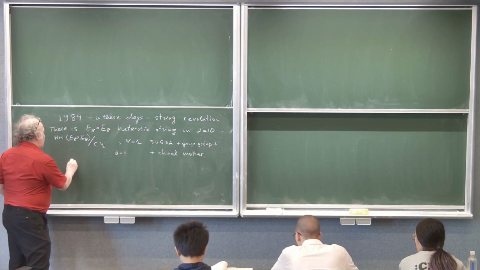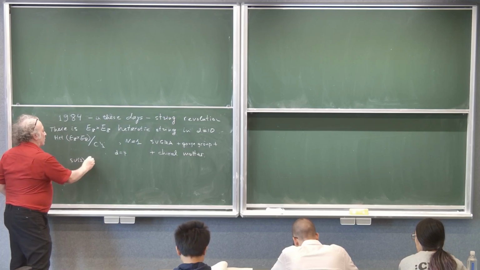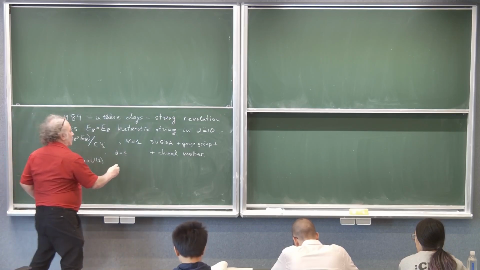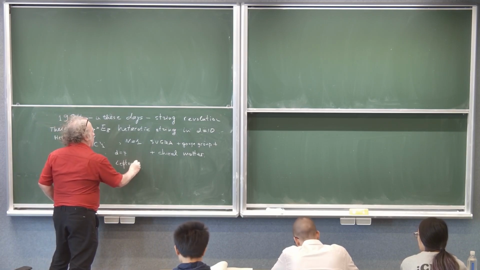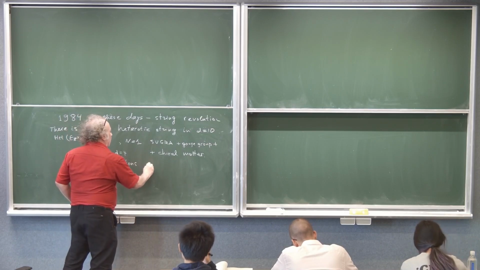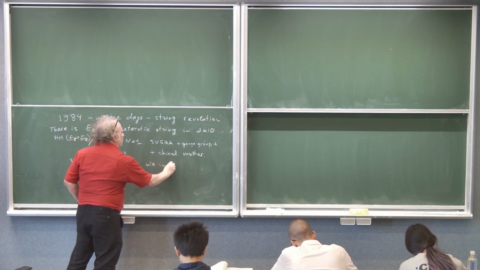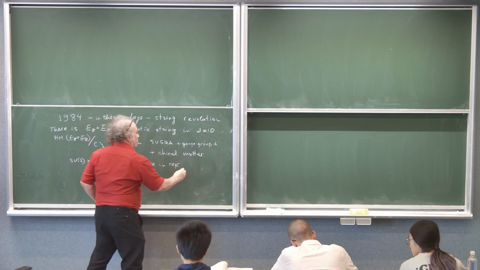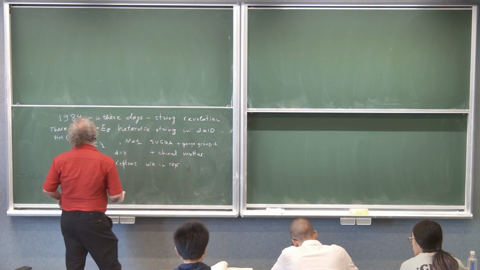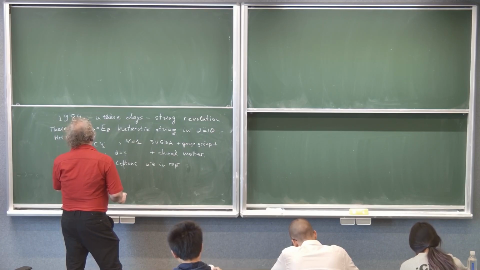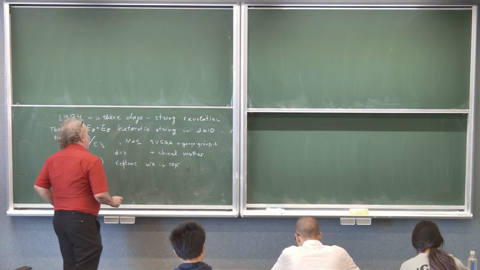Like you know, we have in the real world SU2 times U1. And we have say leptons, they are in chiral representation with respect to this group.